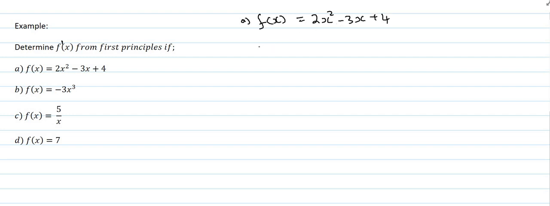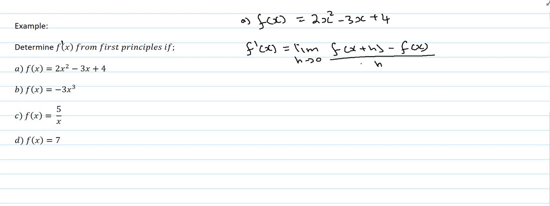The derivative from the first principle is given by f prime of x will be equal to the limit as h approaches 0, f of x plus h minus f of x, all divided by h. So it is advisable to do f of x plus h first on the side before you substitute it in the original equation.